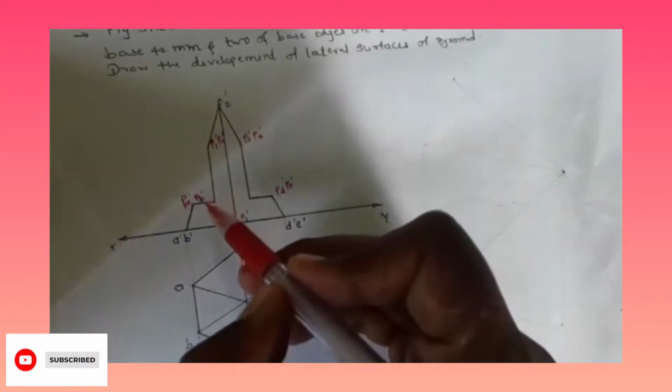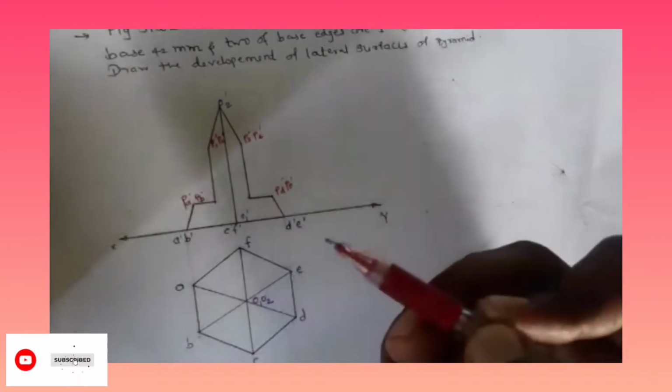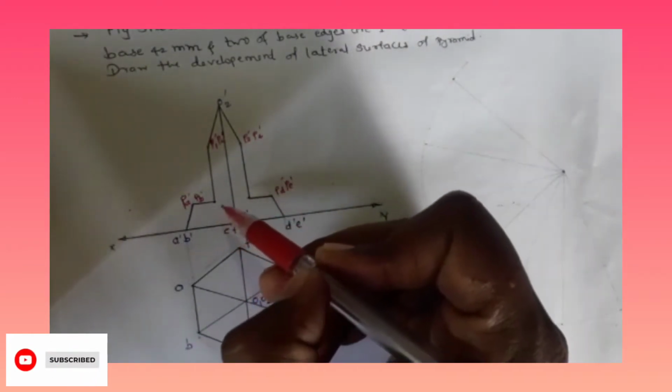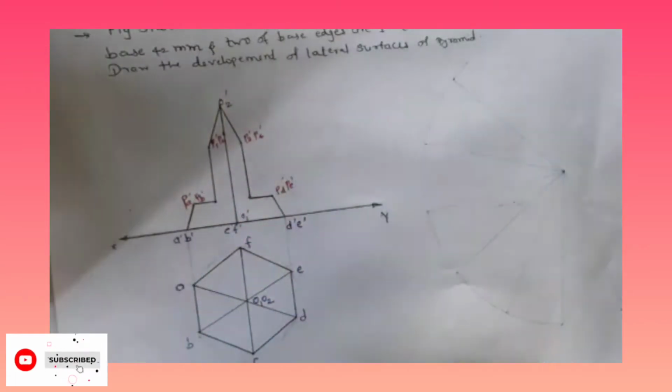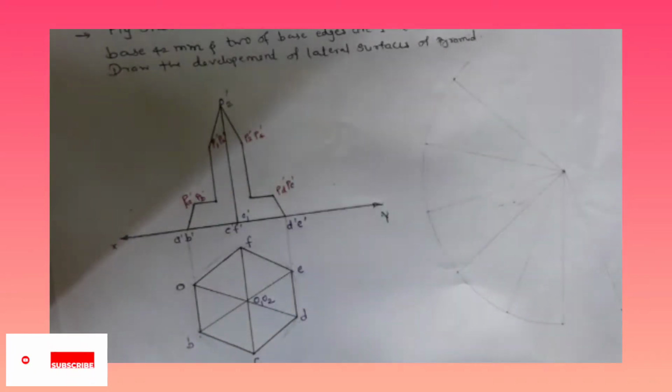Now you will see that here and here also we are getting some cutting points. We need to locate these points also, and for this we now need to draw another two slant edges.